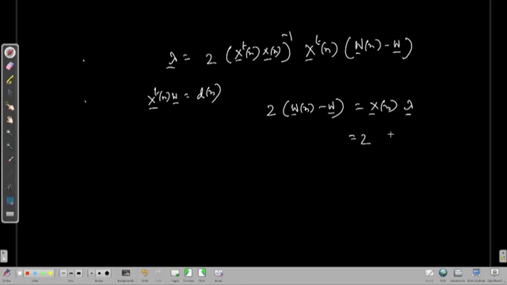So, this 2 comes, X n, this X n, X transpose n X n inverse, then this X transpose n, w n minus w.